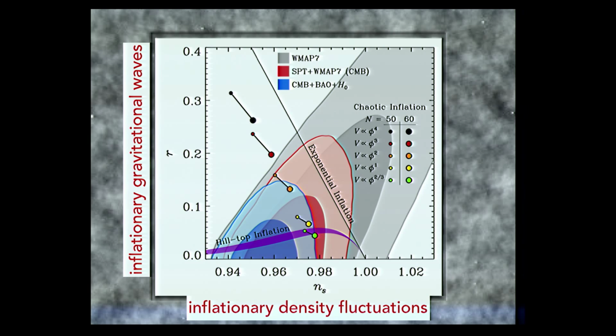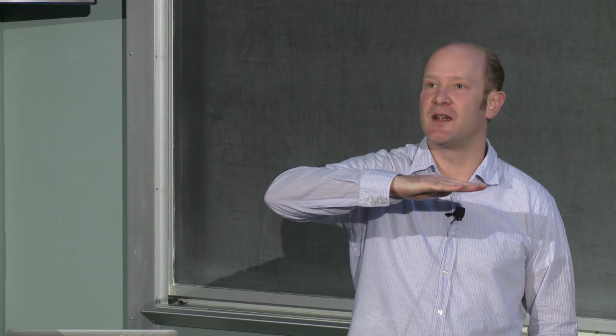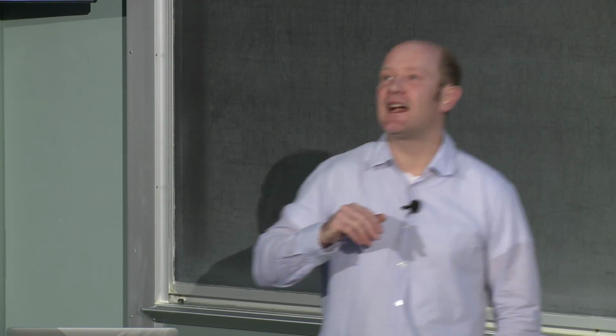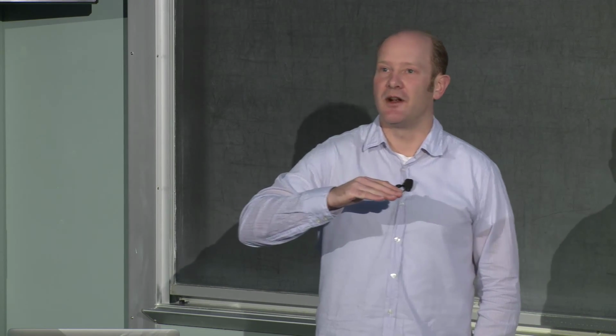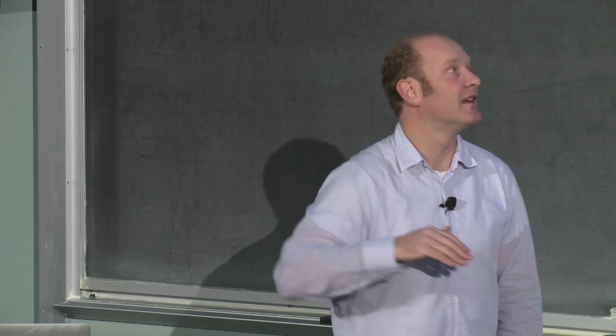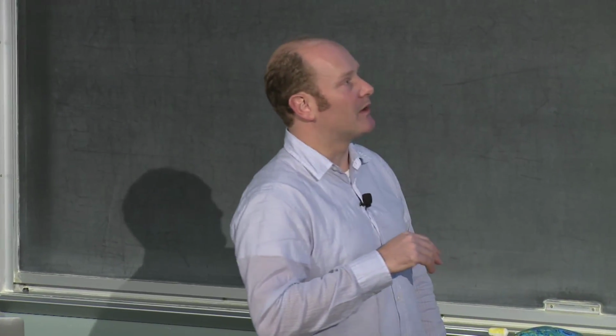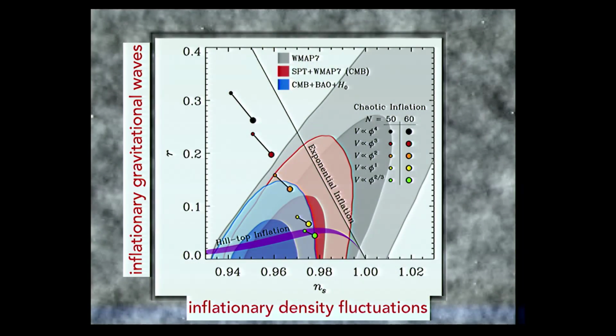What it's really telling you is, the model I sort of showed you alluded to the fact that the fluctuation should be about the same on any scale. But if they were exactly the same on any scale, then inflation would never end. Right? It would just go on forever. So something has to give. It has to start sort of ramping down towards the end. And so the NS is a way to encode that, where 1 would be perfectly uniform and less than 1 would be inflation that can end.